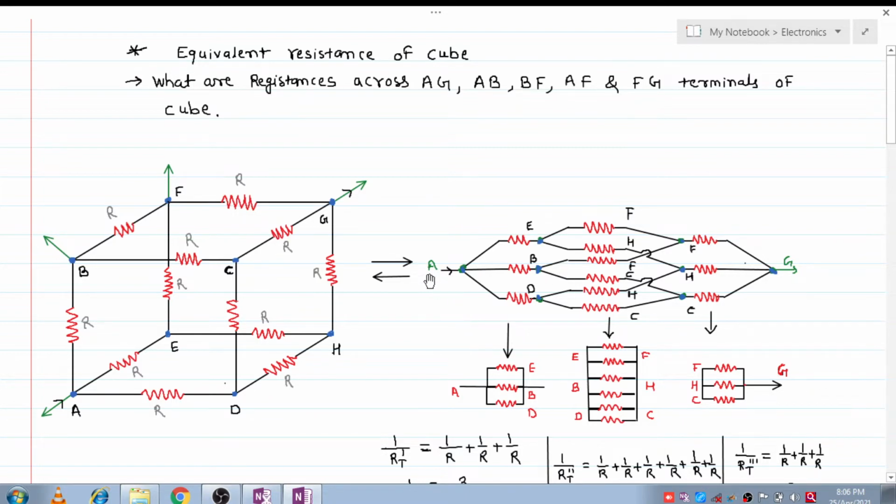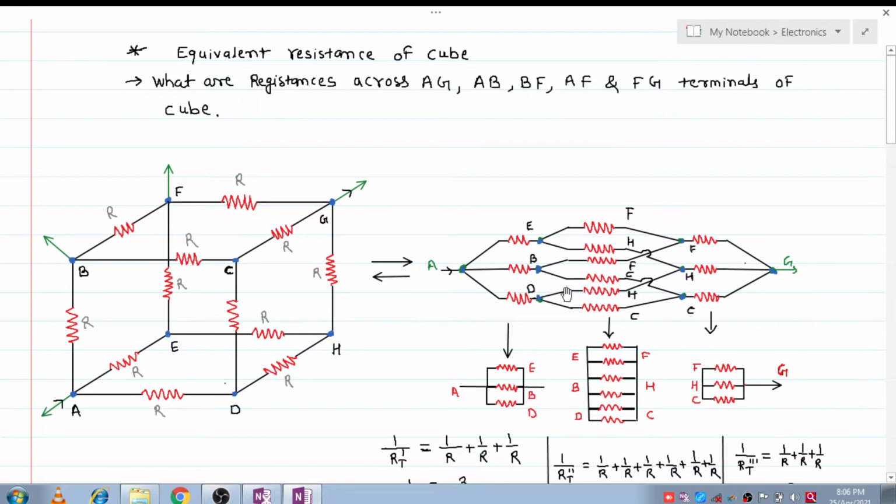Here, this is the A terminal, this is the B terminal, this is the C terminal, this is the D terminal, this is the E terminal, this is F, this is G, and this is the H terminal. The A terminal is connected to the E terminal, B terminal and D terminal. Then this D terminal is divided into C terminal and H terminal.